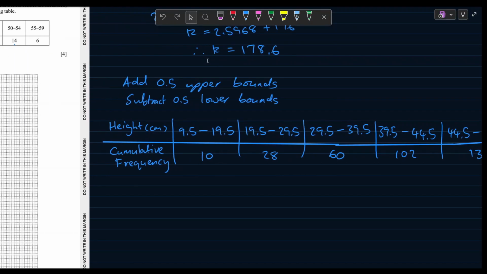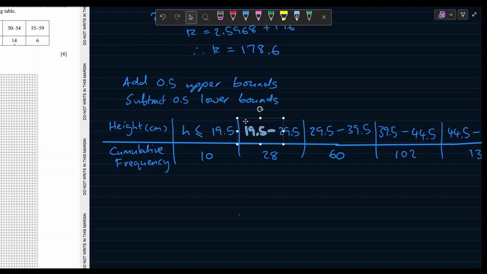So we've got our cumulative frequency now. But we said what we are interested in are our upper bounds, so I'm just going to get rid of our lower bounds. We can say that this is h is less than or equal to 19.5.